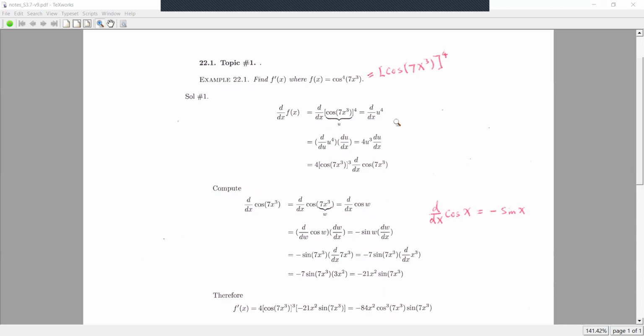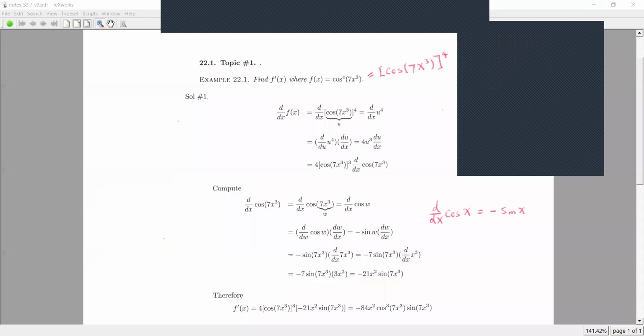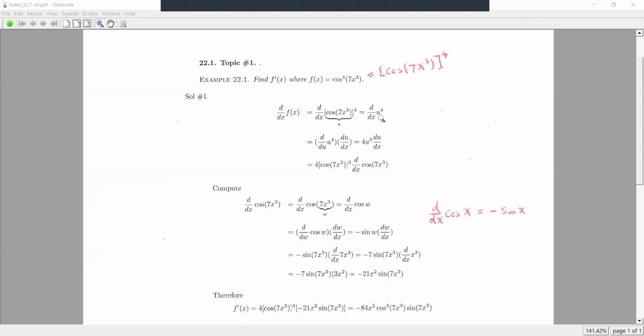Now we need to compute this derivative. Because u and x are different, before we can compute this derivative, we need the chain rule. Insert du to the denominator and put a du on the numerator.